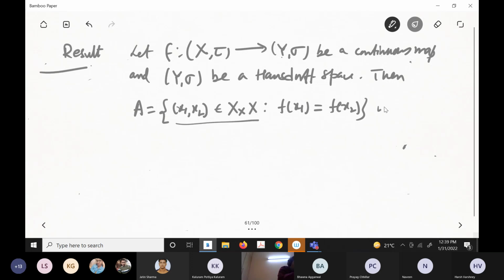So the product space, A is closed in there. Okay, right. A net will be good enough, because this is a given continuous map. So if you take x, you can take a point in A bar. Then there exists a net.